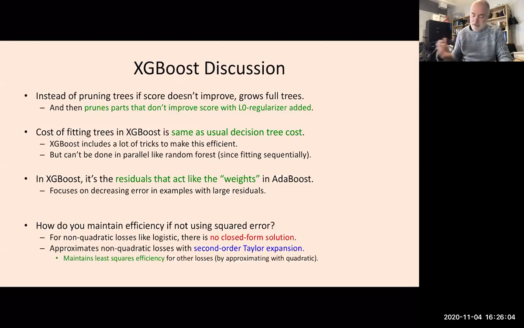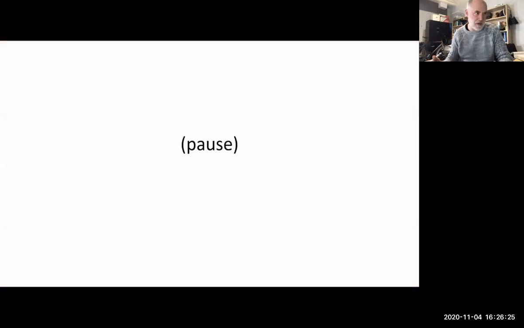And again, you can read the XGBoost paper if you want to get this. One way to do this is to approximate the non-quadratic losses with second order Taylor expansions, and then you get least squares efficiency for actually setting the weights in individual leaves at some loss in precision. It doesn't really matter.